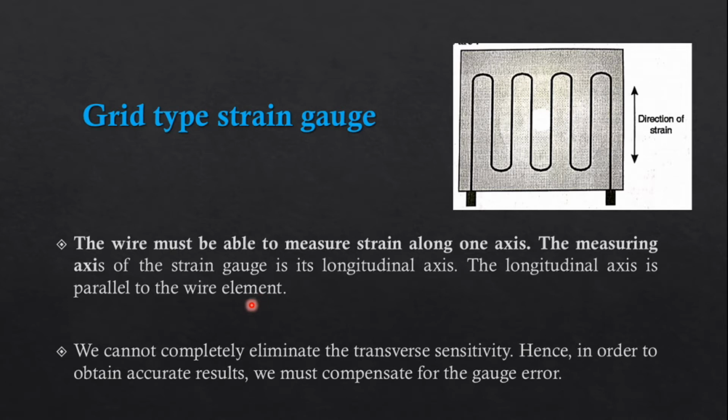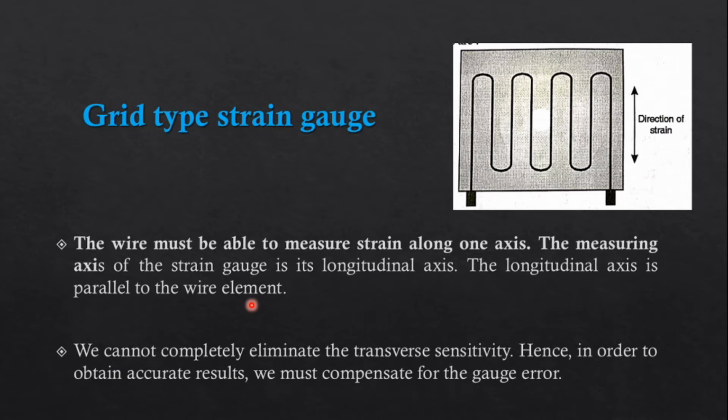Now, when a member located along the transverse axis of the gauge is subjected to the strain, the strain that is being measured along the longitudinal axis is also affected, and this procedure produces some error in the response of the gauge.